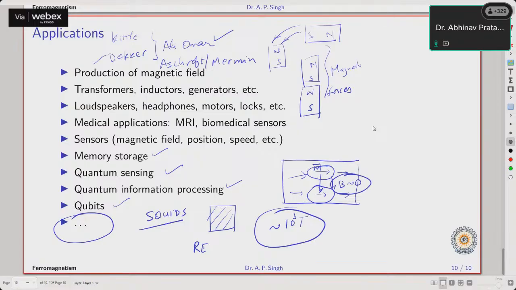So what is done is that electromagnets are used, and specifically, if you want to go to very, very high magnetic fields, then you have to use superconducting magnets, because the current required to produce such a large magnetic field is very large, and those kinds of currents can be handled only by superconductors.